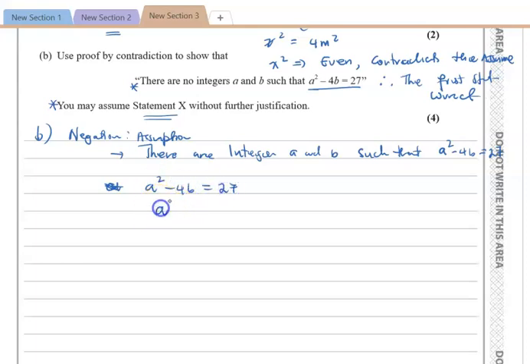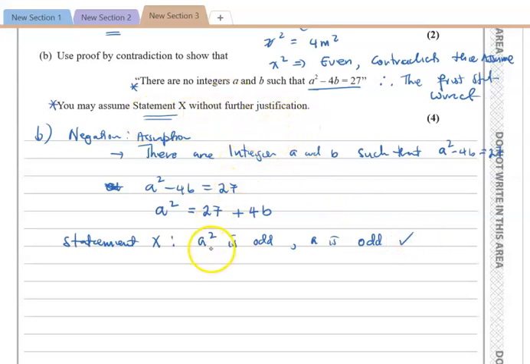That means a squared equals 27 plus 4b. From statement x, if these are integers, it means that a squared is odd, then also a is odd. We assume that is true because they say we can assume that this statement is true.